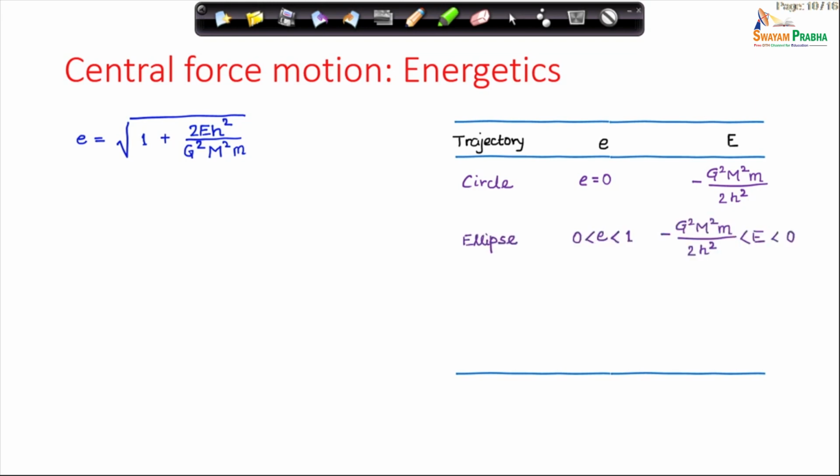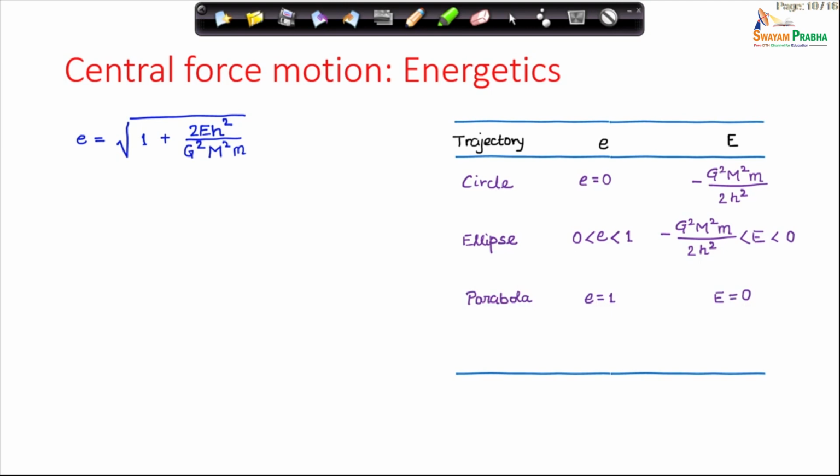In the case of an ellipse, the eccentricity lowercase e lies between 0 and 1, and therefore the energy lies between a negative quantity and 0; it is less than 0, therefore energy is negative. You should notice one thing: for a circular and elliptic path energy is negative, and also remember that circular and elliptic paths are bounded paths.